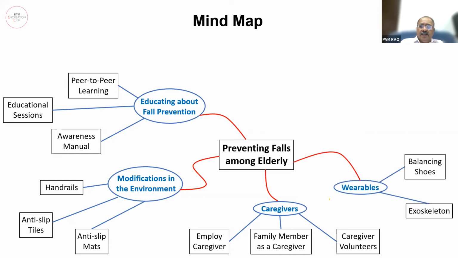Or, I think one of them also mentioned, can I have wearables which help you prevent falls? For example, one of the products already in the market is the belts which actually prevent the fall.